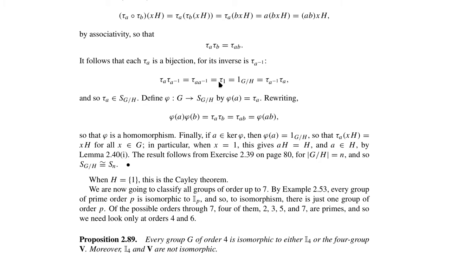Okay, and similarly, if the order of G mod H is n, then S of G mod H is going to be isomorphic to Sn, because again it's going to be a permutation of n elements. It will be a permutation of n cosets in G mod H. Okay, so that went well.